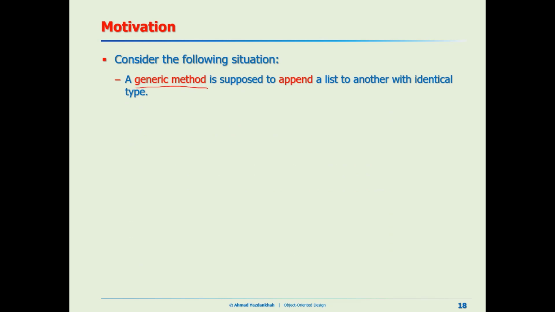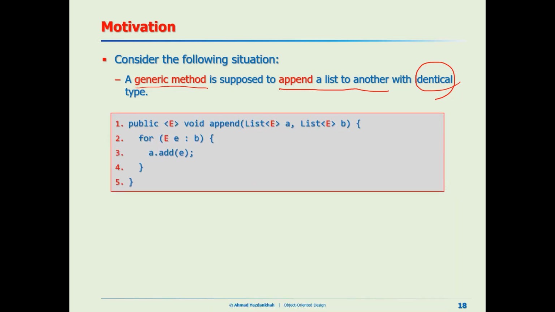It's a generic method that appends a list to another list. Both of them are identical. All right, since we are familiar, I just show you the code. So we have two lists.